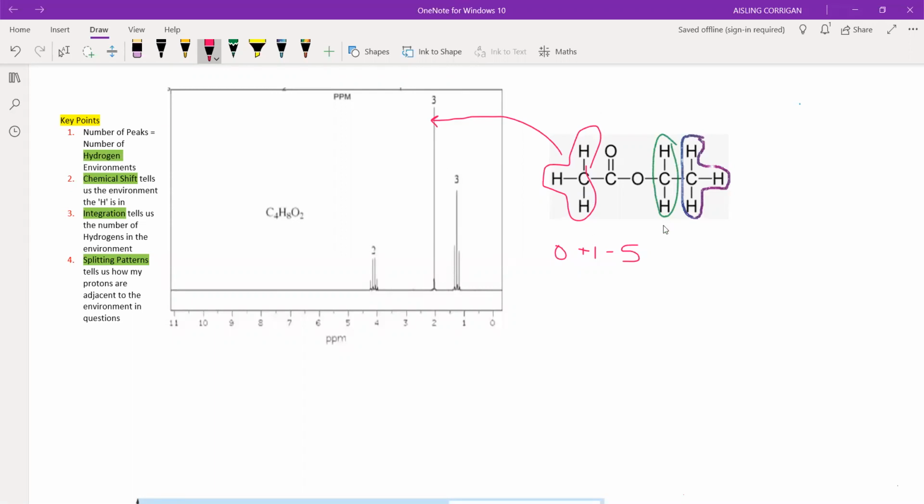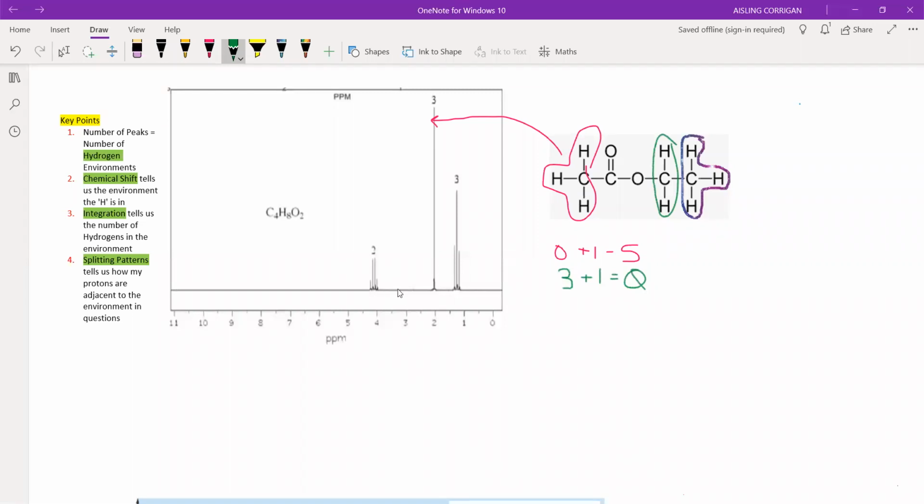Now looking at this CH2, the green, again looking at the environment, we need to search for how many protons are adjacent to it. We look at the CH3 over here, and we see that there's 1, 2, 3 hydrogens adjacent to this environment. So again, the n+1 rule, and that's going to equal 4, which is known as the quartet.